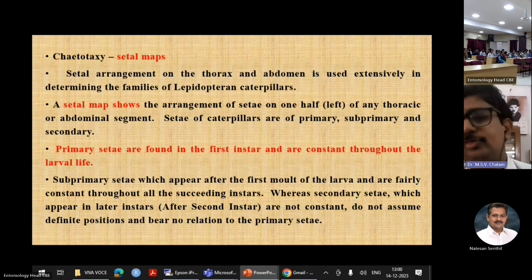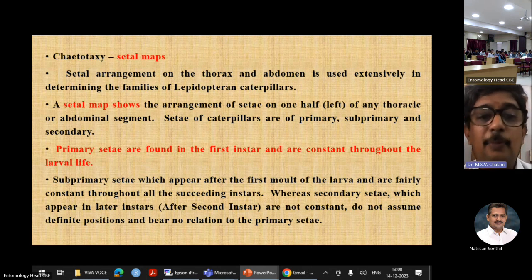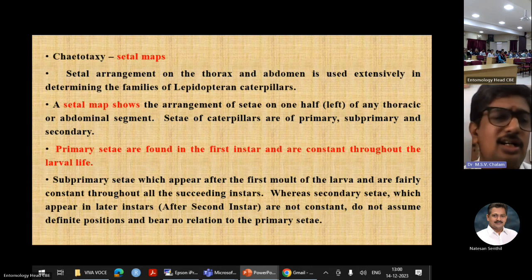Again, the setae of the caterpillars can be divided into three types: the primary setae, subprimary setae and secondary setae. Generally, primary setae are found in the first instar and are constant throughout the larval life.